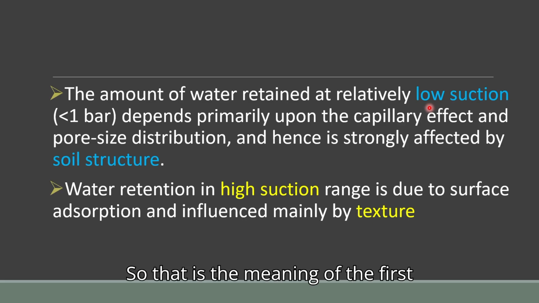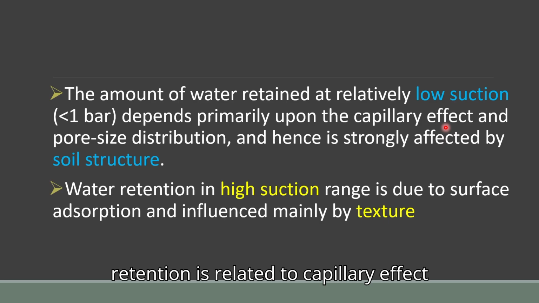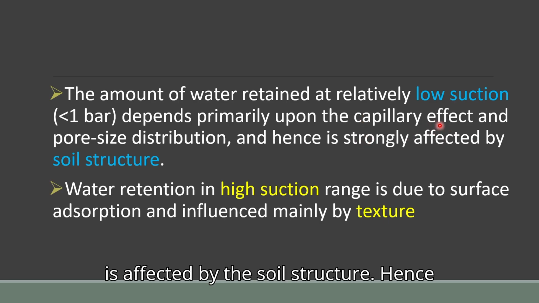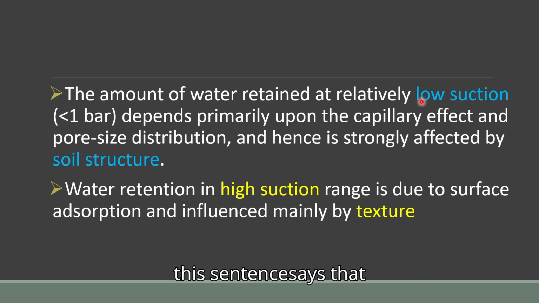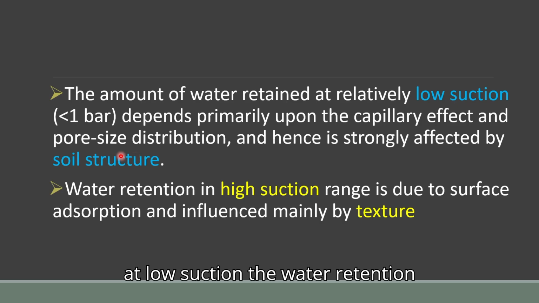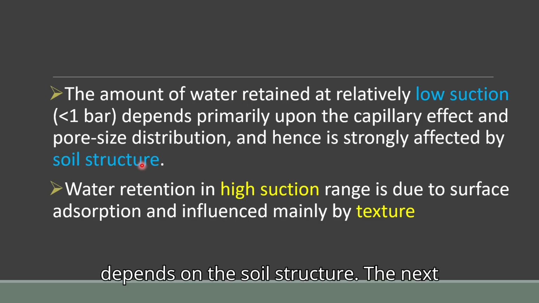So that is the meaning of the first sentence. At a low suction, less than 1 bar, the water retention is related to capillary effect or capillary pores. Capillary pores are affected by the soil structure. Hence, this sentence says that at low suction, the water retention depends on the soil structure.